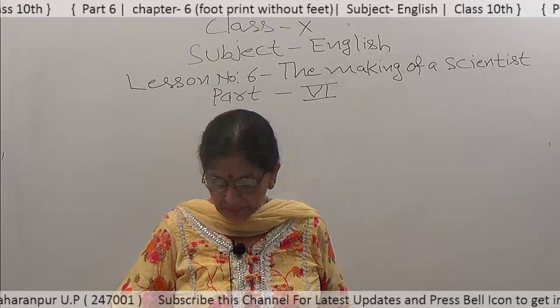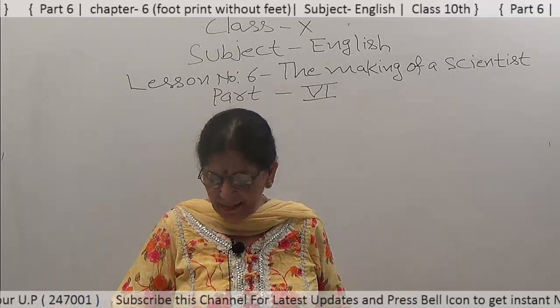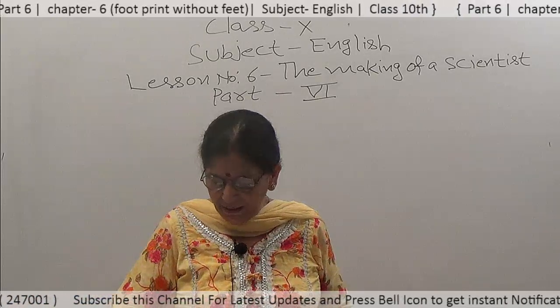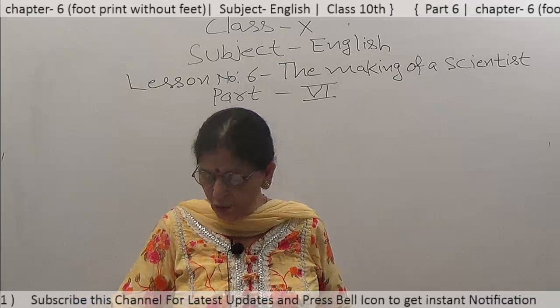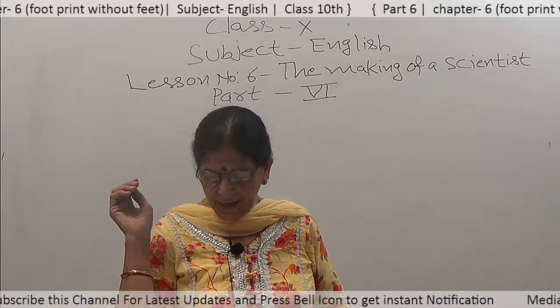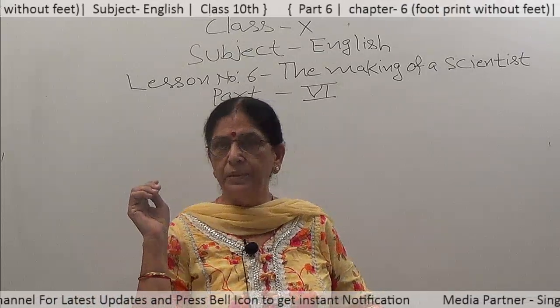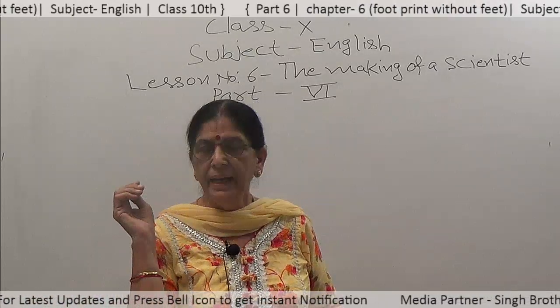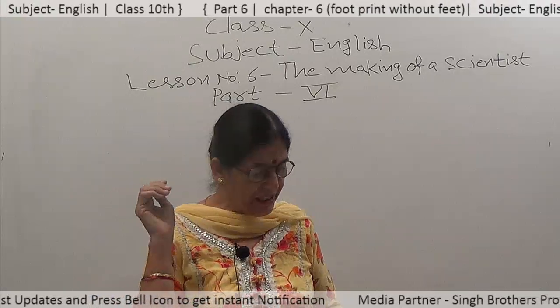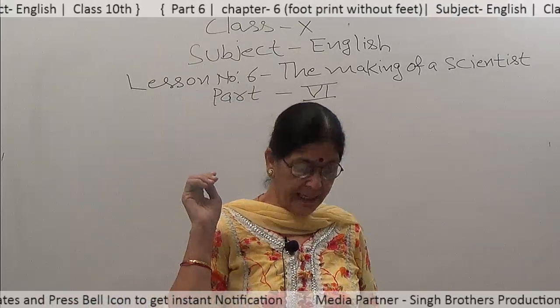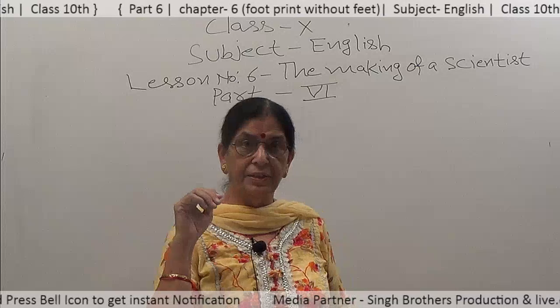Then question number 3 is, what are the qualities that go into making of a scientist? Now we have seen that Ebright possesses all these qualities. In the lesson, the qualities which are stressed, number 1 is first-rate mind.